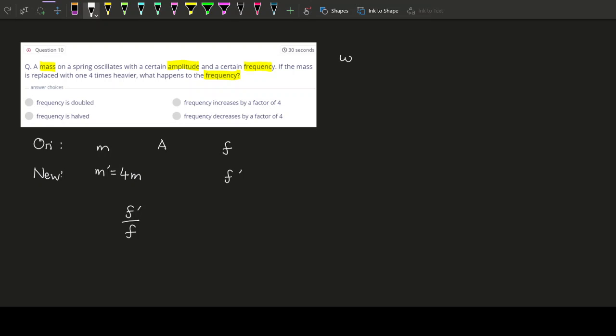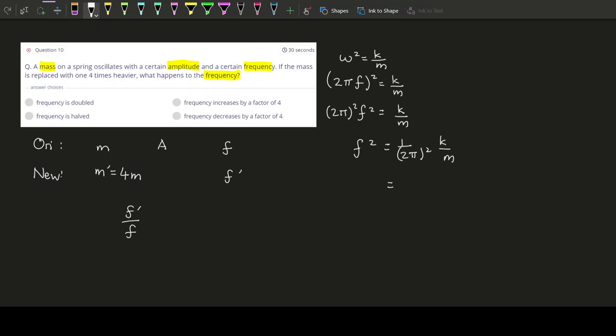You can start from omega squared equals k over m. Then you can write omega as 2 pi f, so (2 pi f) squared equals k over m. So f squared equals 1 over (2 pi) squared times k over m.